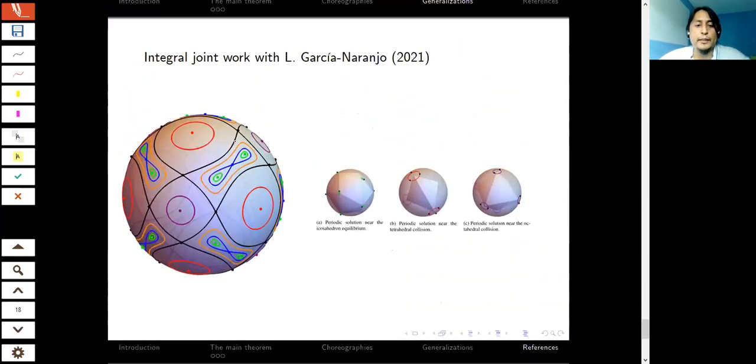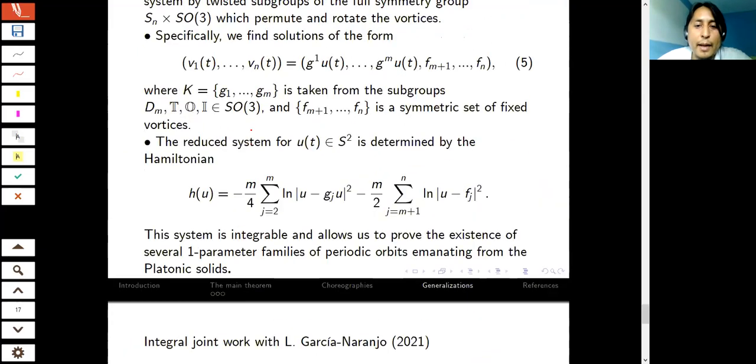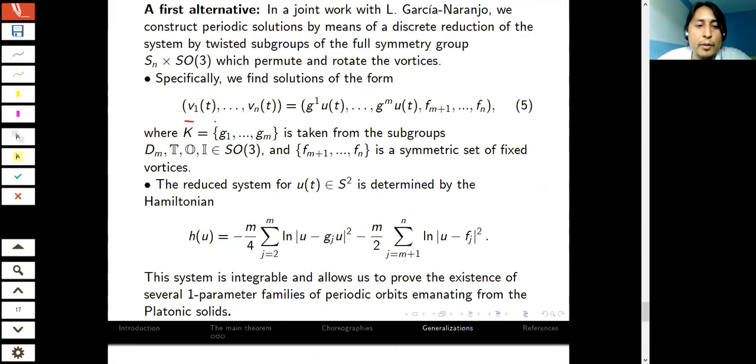So the picture is on the left. I'm going to target solutions of the n-vortex problem which are determined only by one vortex, and then there are going to be fixed vortices on symmetric places, and then there are going to be relations between different positions of the same vortices by a group K, which can be the dihedral, tetrahedral, octahedral, or icosahedral.